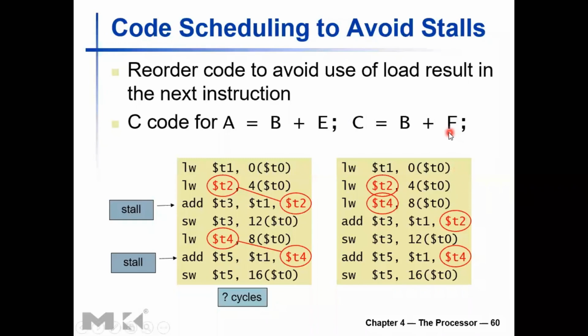We are going to do the loading of this F value from memory into a register in that bubble space in this situation, right? Where a bubble would have been enforced, where a stall would have been enforced in the pipeline. At that place, we are doing the load. We are actually doing some useful work at that space, whereas otherwise this would have been a stall.